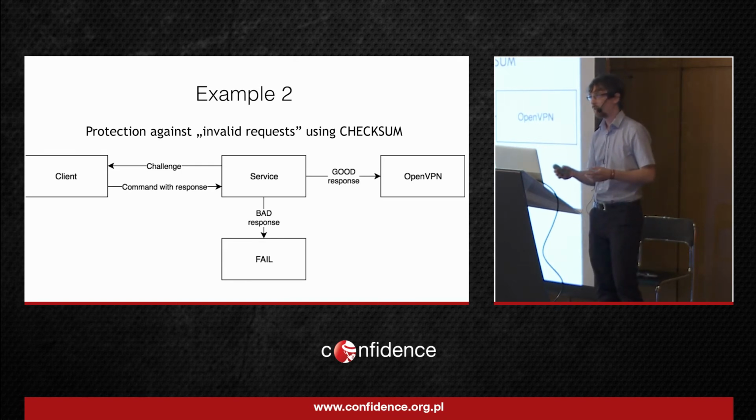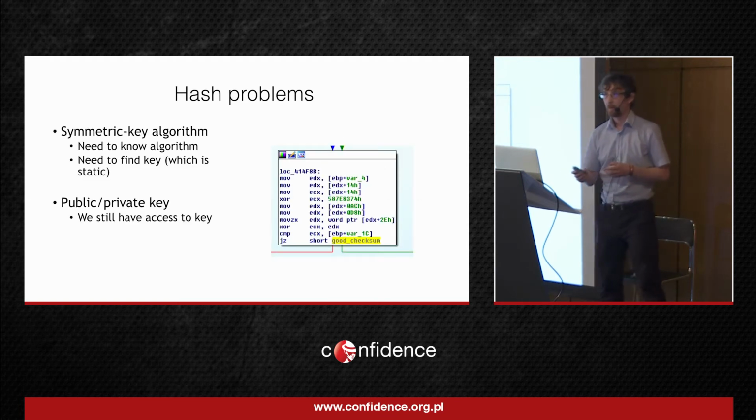Okay, so in theory, it looks great, because I cannot simply pass the path to the executable. I need to have some response for the challenge. But let's think about this for a while. We have the original client interface, and this client is also sending commands to the service.